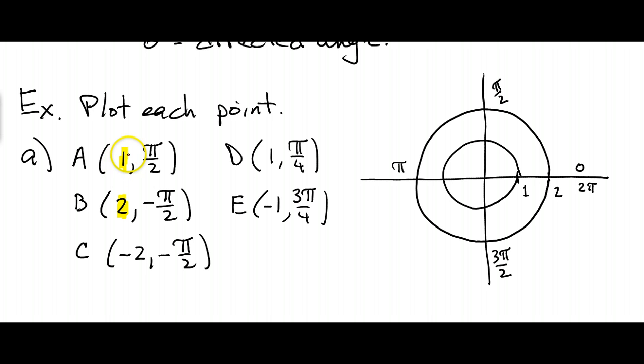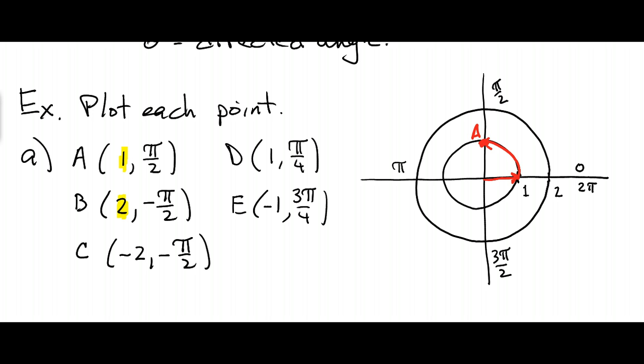Since it's positive, we're going to go 1 to the right, to the circle that has a radius of 1, and then I'm going to rotate pi over 2, so I'm going to rotate up this way and end right over there. So that's where point A is going to be.